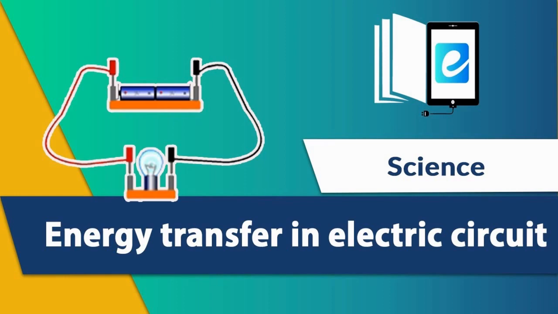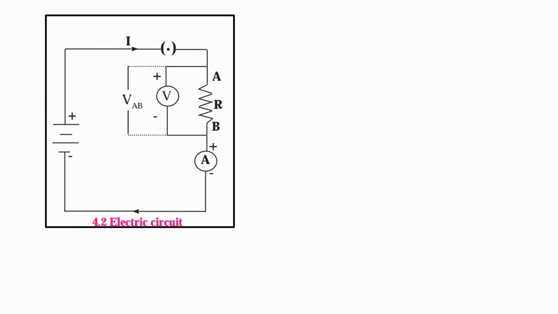Now we will begin with the first part of the chapter, that is energy transfer in an electric circuit. Figure 4.2 shows us the electric circuit diagram. This circuit diagram comprises a cell, a plug key, resistance, an ammeter and a voltmeter.